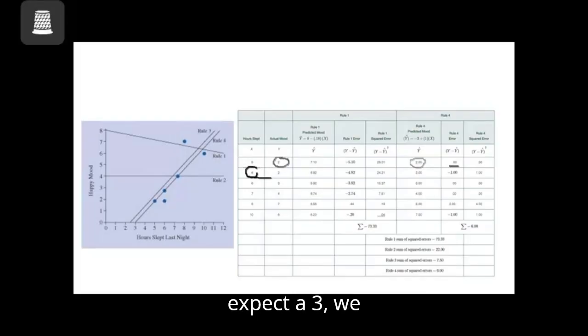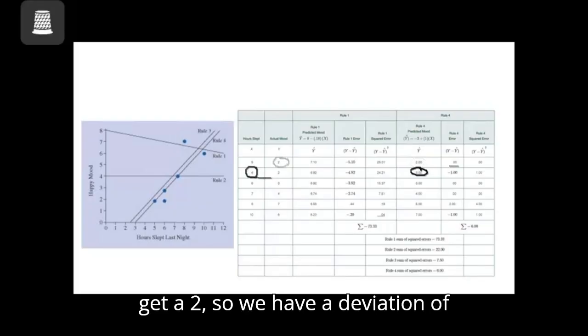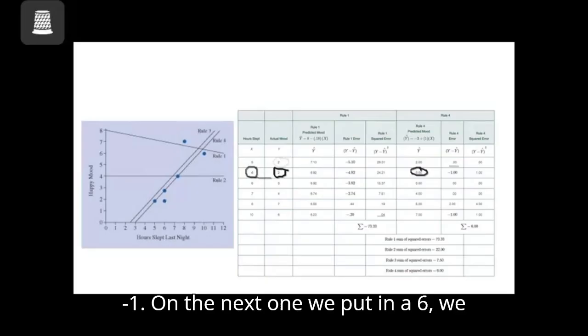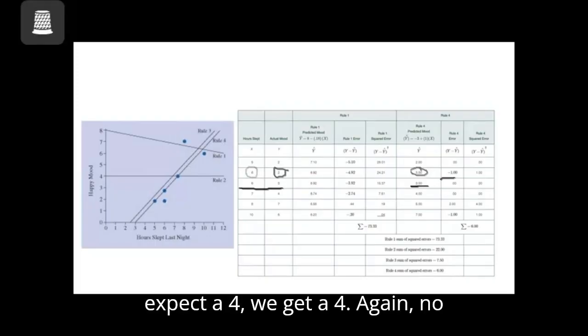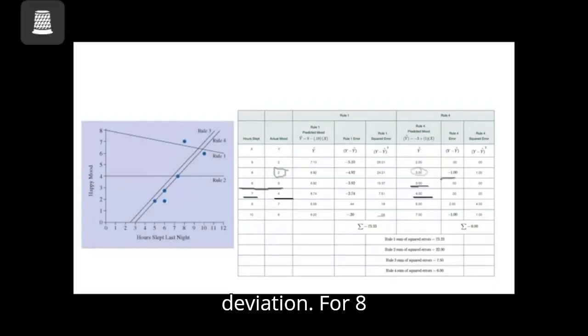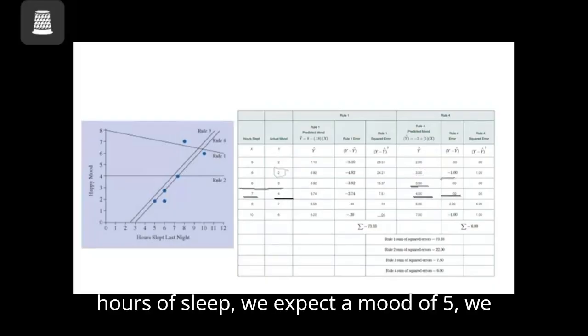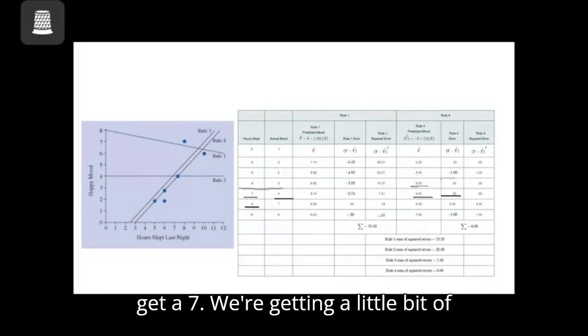We expect a 3, we get a 2, so we have a deviation of -1. On the next one, we put in a 6, we expect a 3, we get a 3. The next one, we put in a 7, we expect a 4, we get a 4. Again, no deviation.